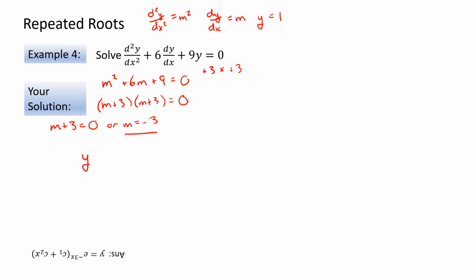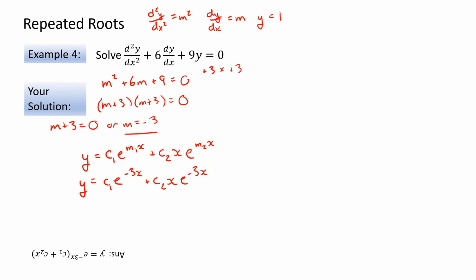So starting with our form, remember the difference is we have c1 e to the m1x plus c2 times x, don't forget the x, e to the m2 times x. So since m1 and m2 are the same, they're both negative 3, we get y equals c1 e to the negative 3x plus c2 times x e to the negative 3x.